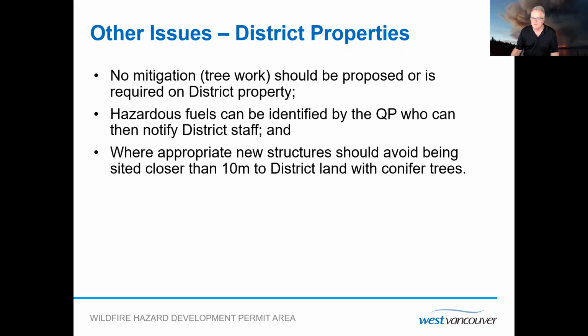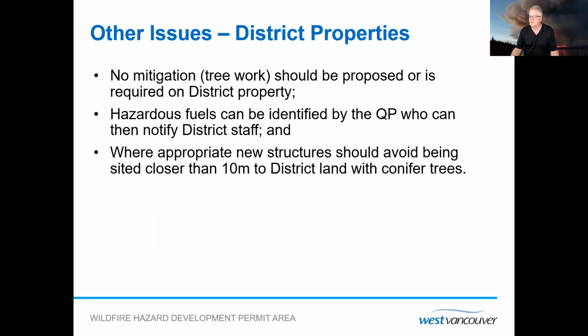Where appropriate, new structures should avoid being sited closer than 10 meters to district land with coniferous trees. So in other words, if it's deciduous, there's some leeway, but certainly when it's coniferous, we're trying to get that priority 1 zoning of no conifers within 10 meters of the house.